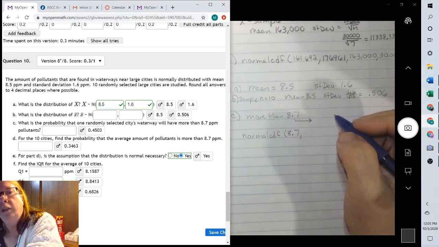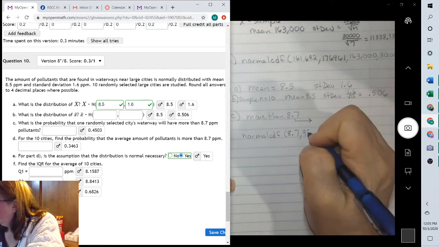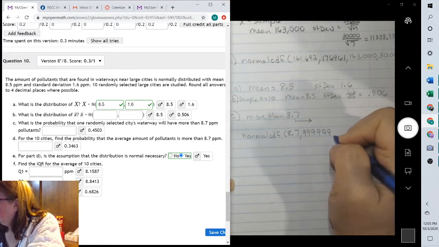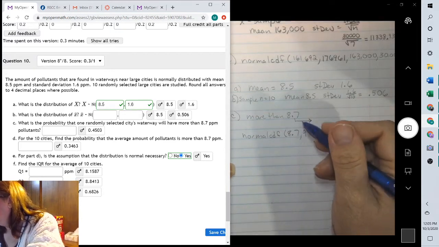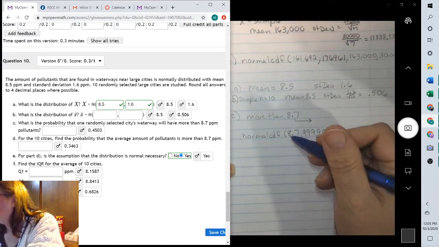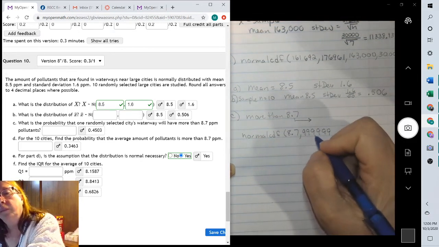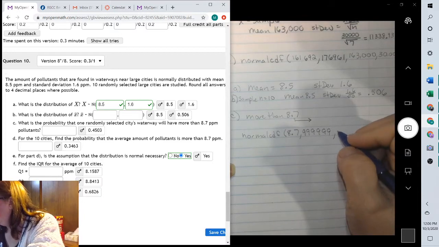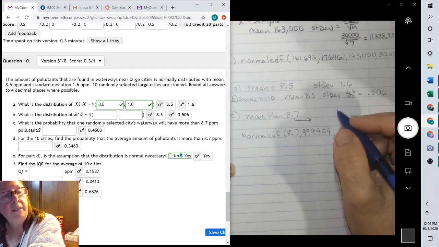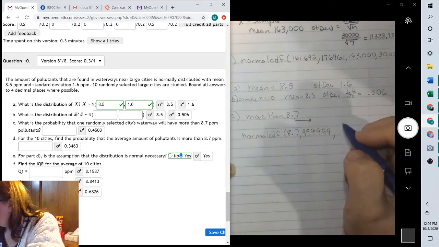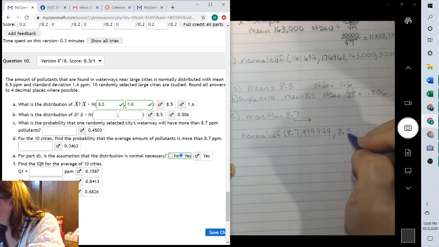The larger one, just put a lot of 9s, make it very large. If it was the other way around and it was below this, then you'd use a negative 99999. And so it's that, and then this one was not the sample, so it was the 8.5 and the 1.6.